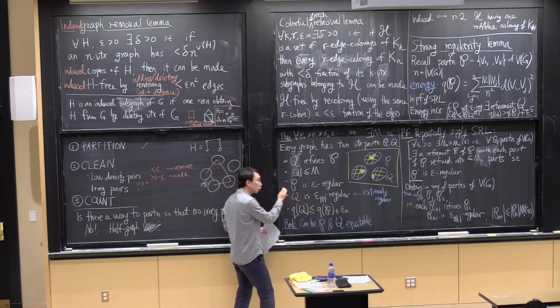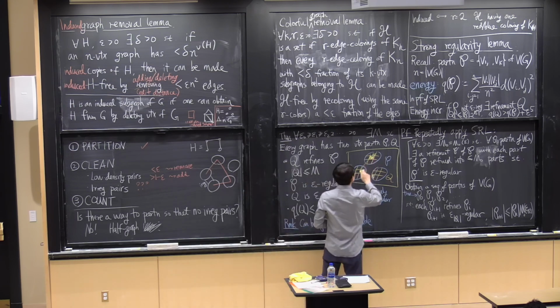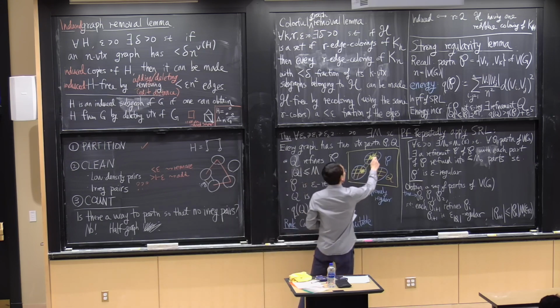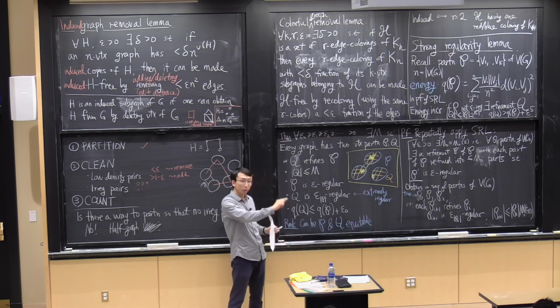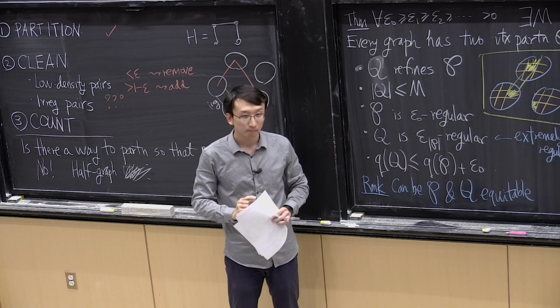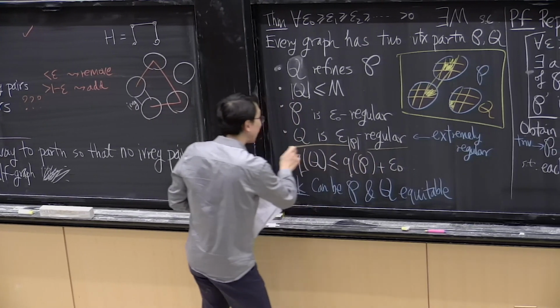Because Q is so extremely regular, most of these pairs will be regular. So with high probability, you will not encounter any irregular pairs if you pick the W's randomly as parts of Q. That's the key point. Here we're using that Q is extremely regular.